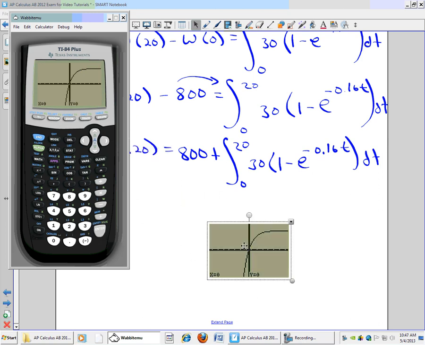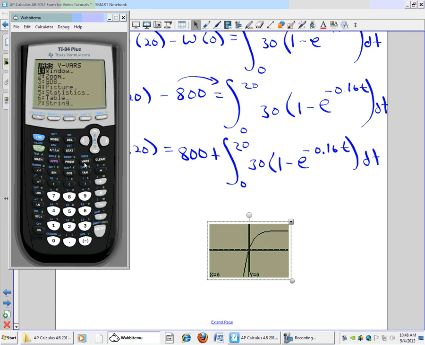Now I'm going to do Math 9 to use the calculator to find an integral. So go to Math, and we could scroll down to find it. You may memorize it by the time we use it a lot. So Math 9. And we're going to put our function in, and I already entered it in the y equals, so I can pull it up with variables.